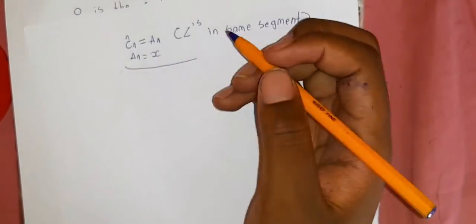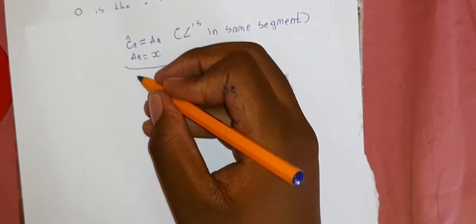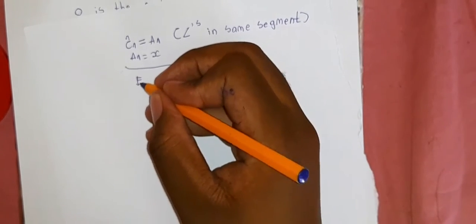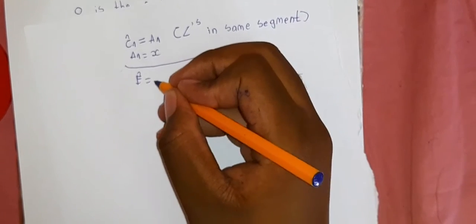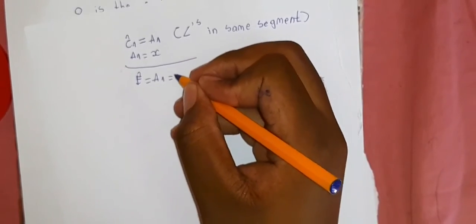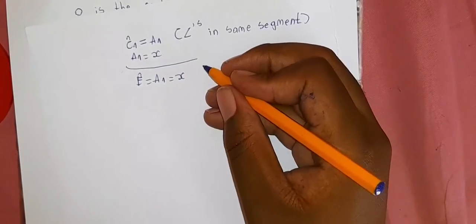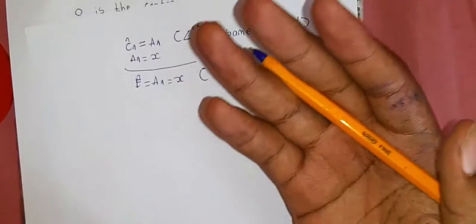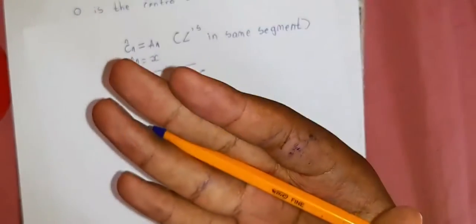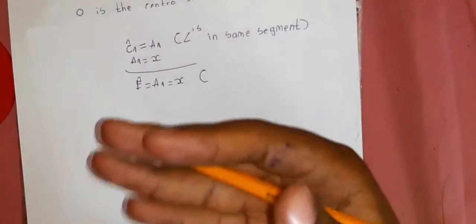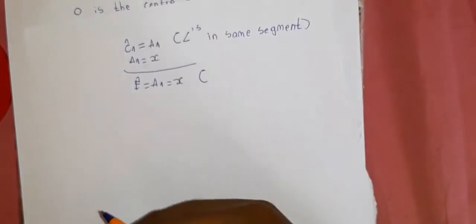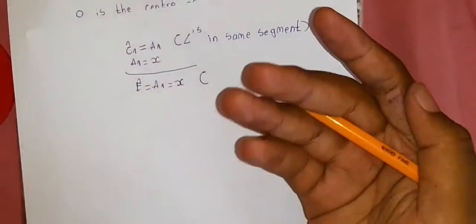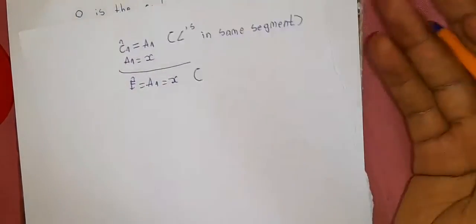Remember those 3 reasons that I told you. So we can say angle E is equal to angle A1 is equal to x. There are 3 reasons for this. You can say angles opposite equal sides, or base angles of isosceles triangles, or equal radii subtend equal angles.